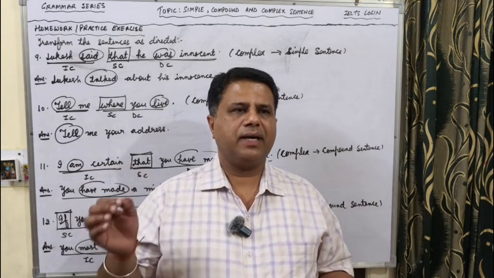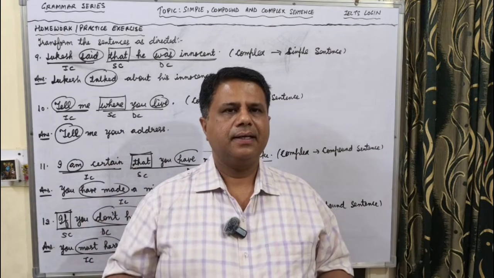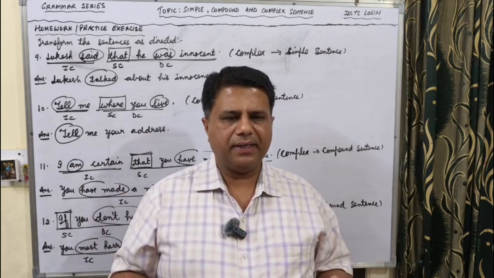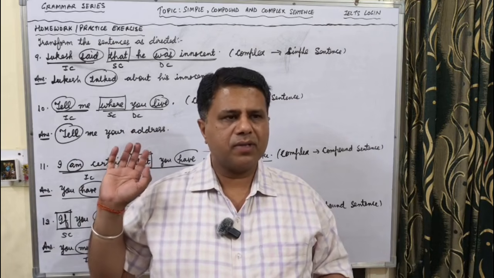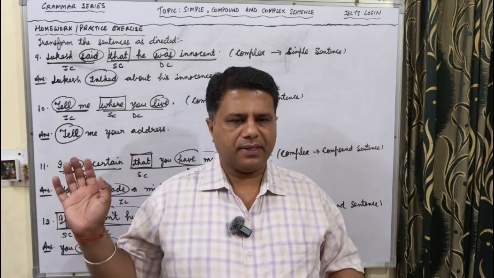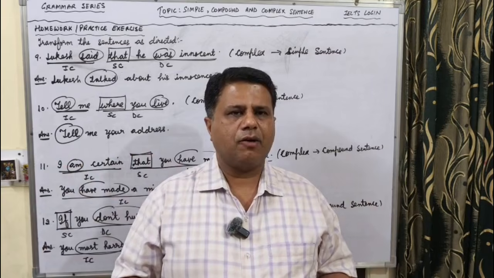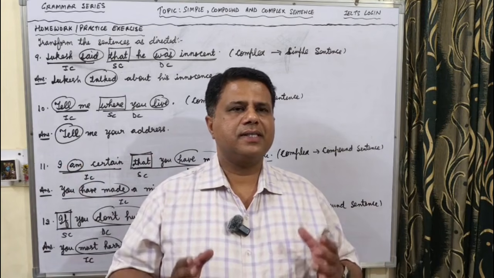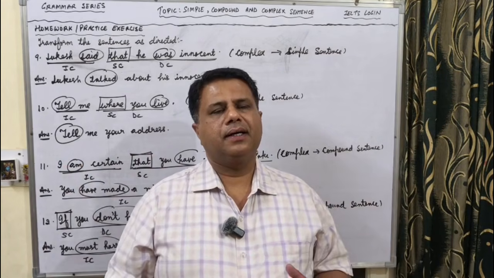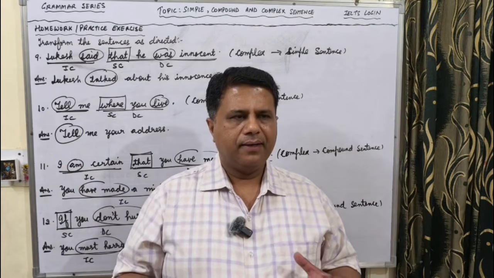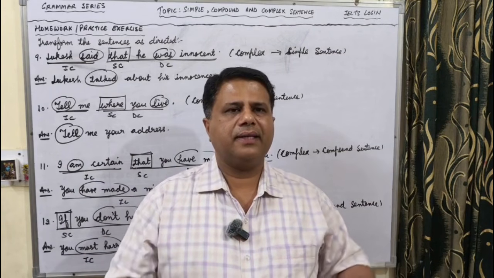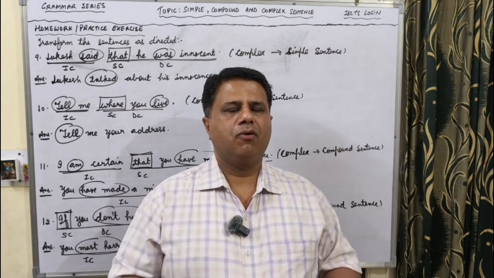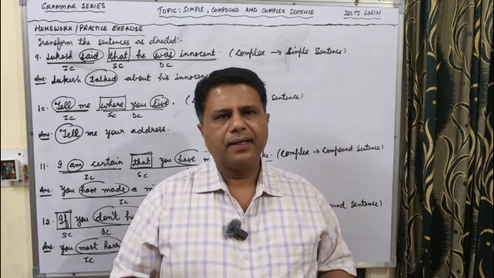Then in exercise we have got 8 sentences to identify, then 24 sentences in transformation of sentences. So we have covered this topic with detailed definitions and total 64 examples. And we have tried to leave nothing left. No stone is left unturned.